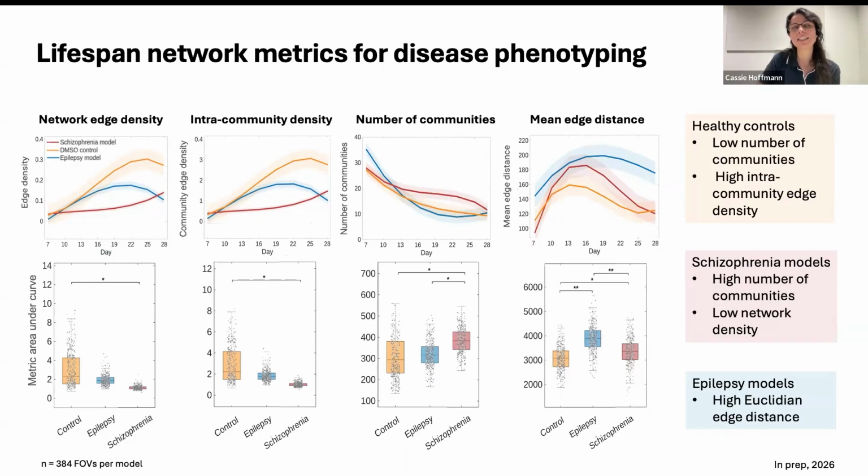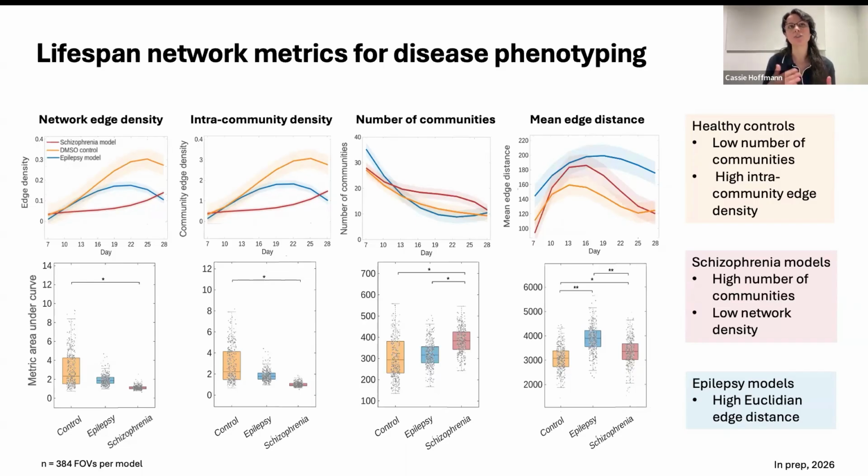And a really interesting feature emerged in the epilepsy models. We found a high mean Euclidean edge distance, which you can see here. That fits in with a theory that as the cells are undergoing these seizure-like events, they're sprouting new neurites consistently across the lifespan of the culture.